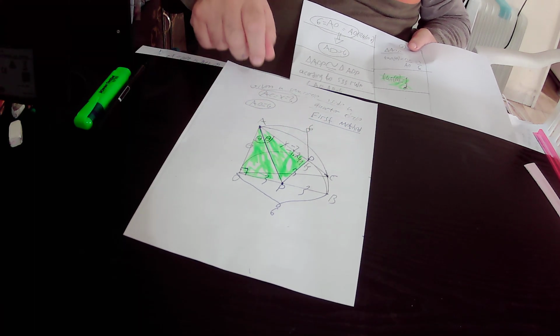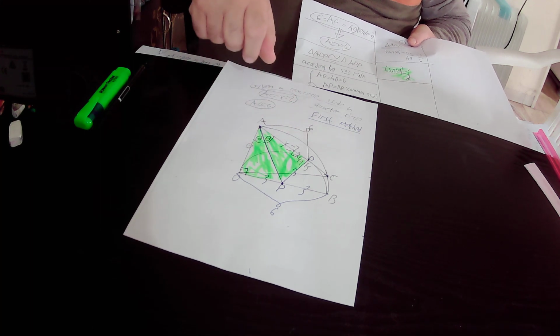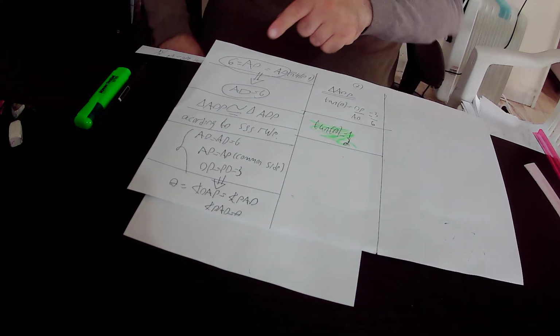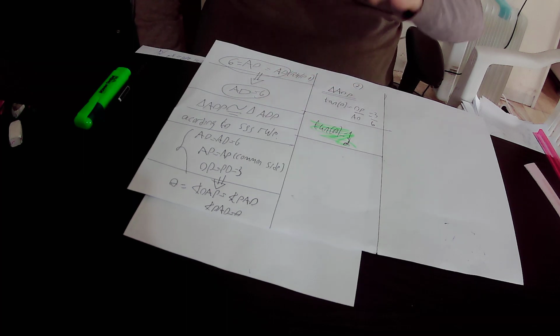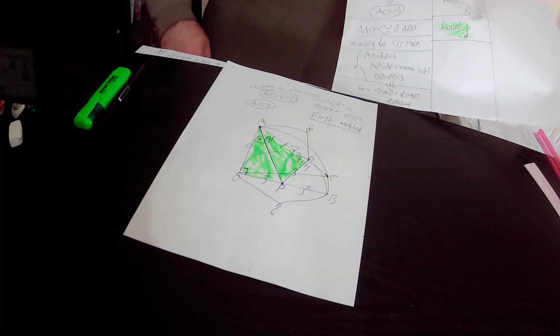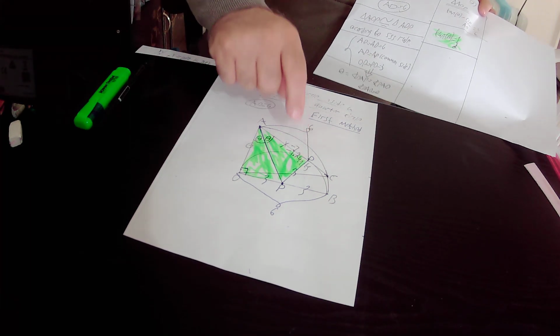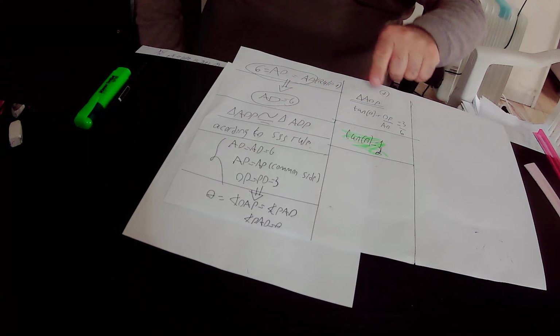Then we proved that the two green right triangles are congruent according to the side rule. Again, triangle AOP is congruent to triangle ADP according to the side rule. Here AO equals AD equals 6 units.